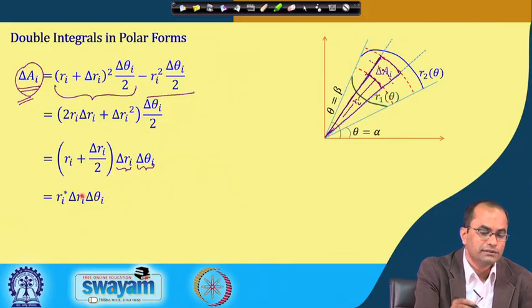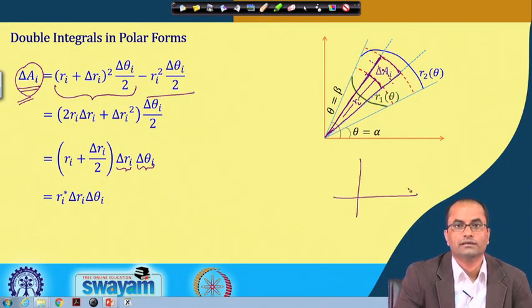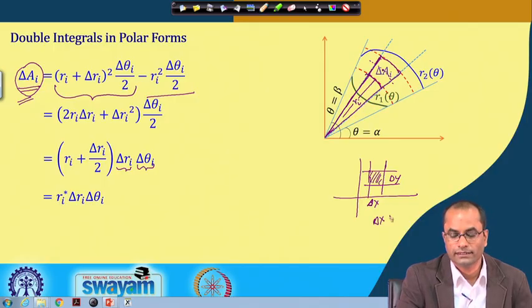So, this is a little different from what we have in the Cartesian case. When we did the same thing for the Cartesian one, we were getting an increment in this direction by delta x and in this direction by delta y, and then the area becomes just delta x times delta y.